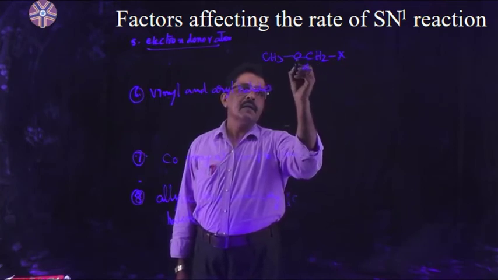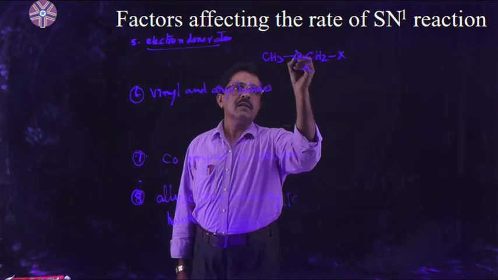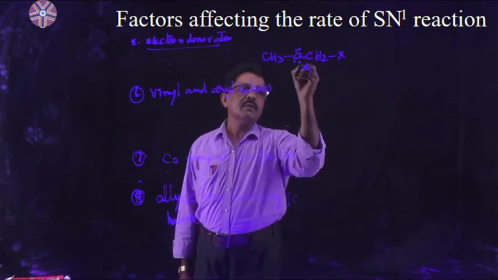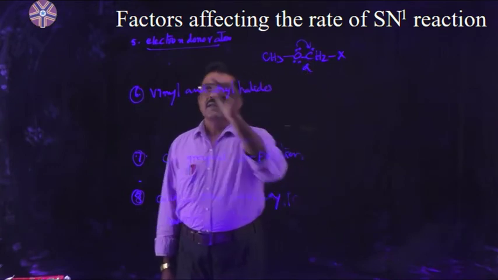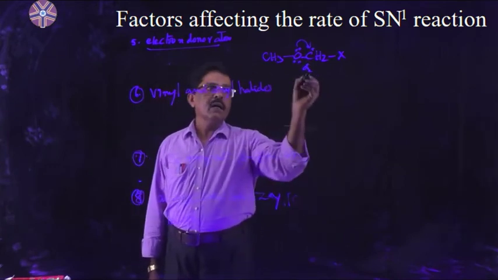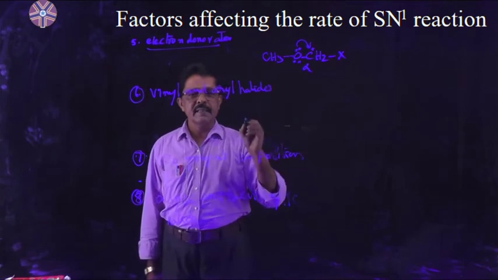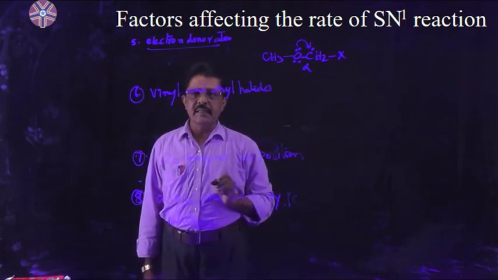Therefore, electron donor groups present at the alpha carbon facilitate the rate of SN1 reaction.